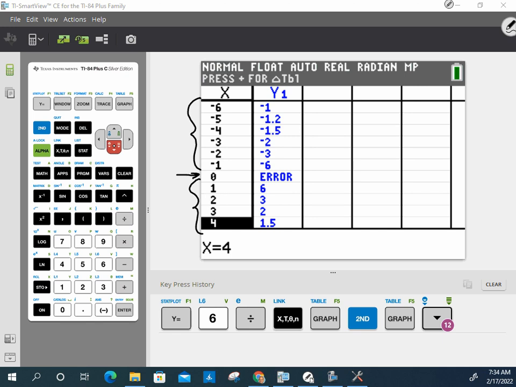So -3, -2 is a nice and neat point. -2, -3 is nice and neat. -1, -6 is nice and neat. So there's 3 below it. 1, 6, 2, 3, 3, 2. Those are nice points. 4, 1.5 could get plotted too. There's nothing wrong with that point either.